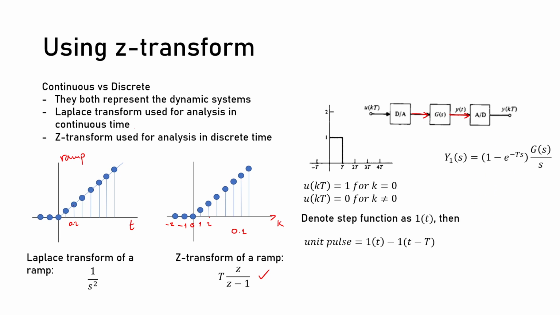But then when you want to use a computer to compute, or even in practice you use a computer, a controller, to have the output converge to the desired value.